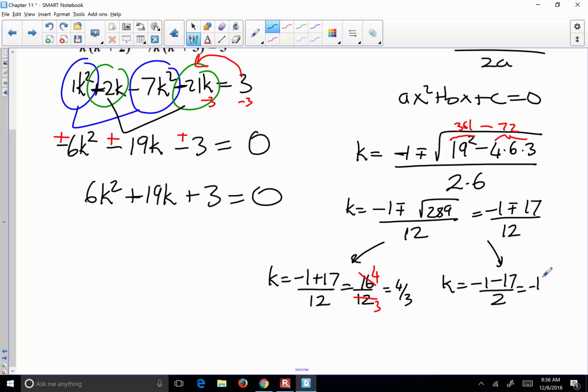Second one, I can reduce these by 6, 3, and 2. Cancel both by 6. It's negative 3 halves. 4/3, negative 3 halves.